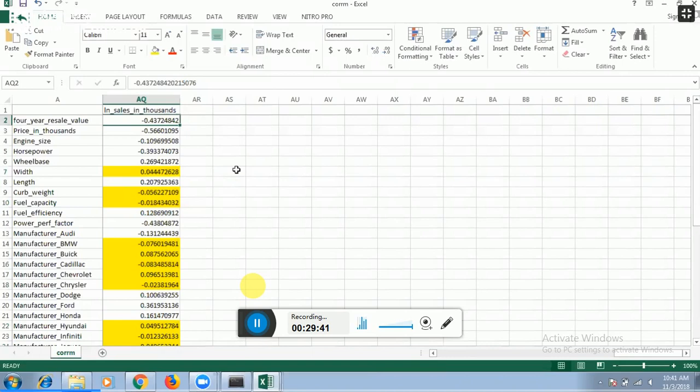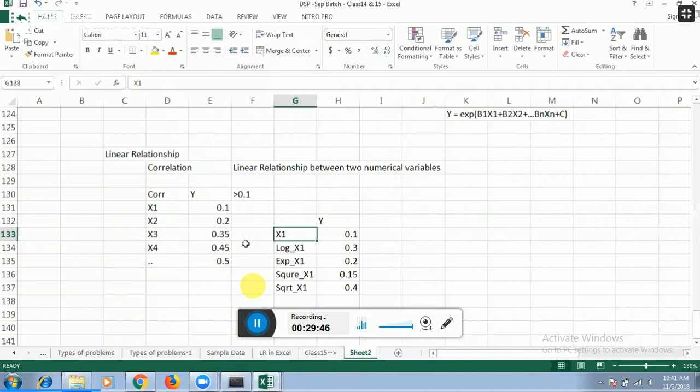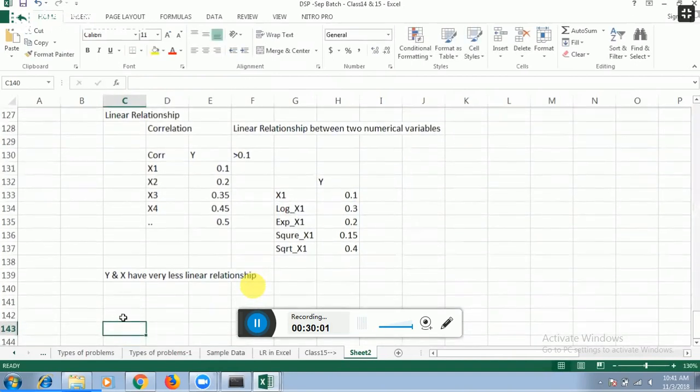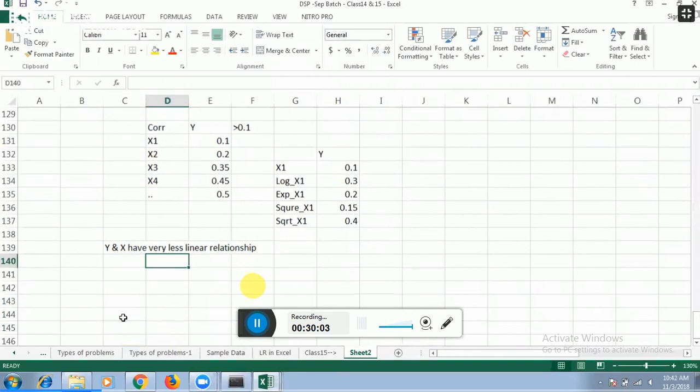Suppose the y and x have a very weak linear relationship. What will we do? Method one: either you may drop those x variables.